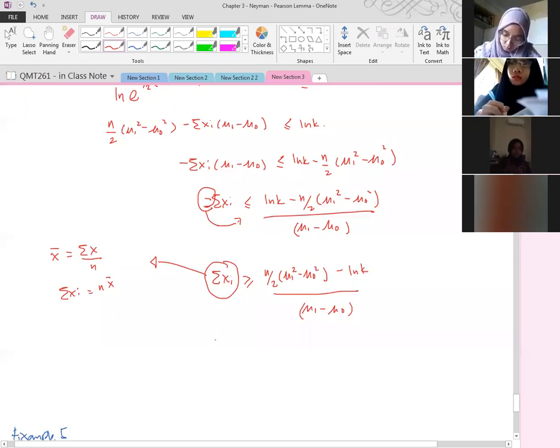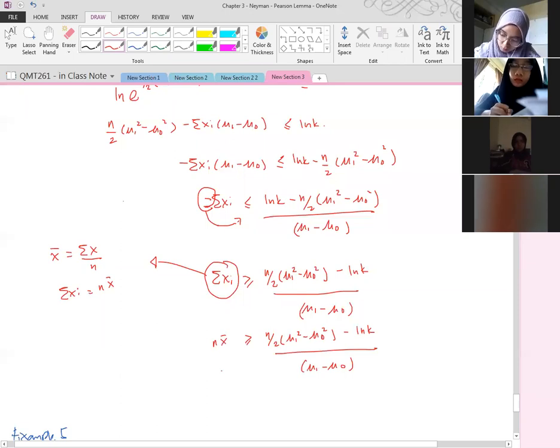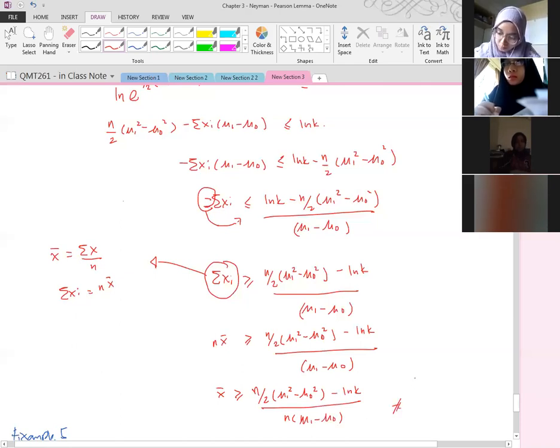So it becomes n x bar more than or equal to n over 2 (mu1 squared minus mu0 squared) minus ln k divided by mu1 minus mu0. So we can leave x bar alone, right? x bar more than or equal to [n over 2 (mu1 squared minus mu0 squared) minus ln k] divided by n (mu1 minus mu0). So this is your critical region.